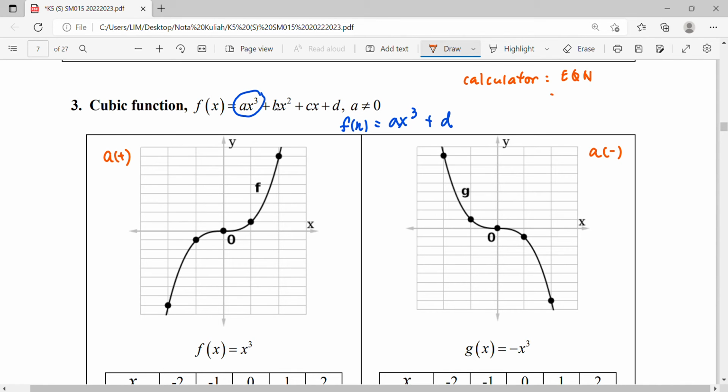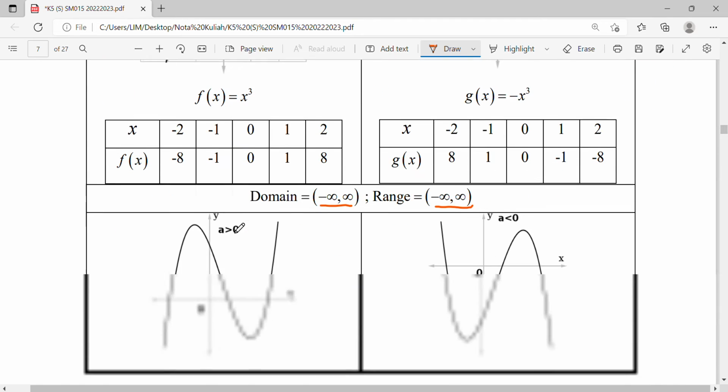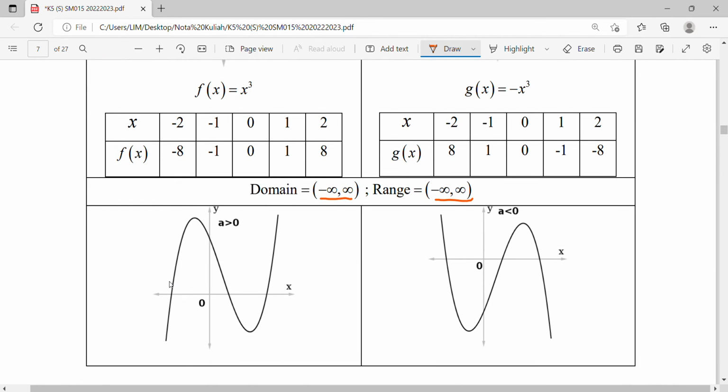Then we choose the cubic function to find out what your roots are. If you get one root, it means your curve will be like this, whether it's going up or going down. If you get 3 roots for your function, it means your curve will be like this. Here will be the existence of your 3 roots.